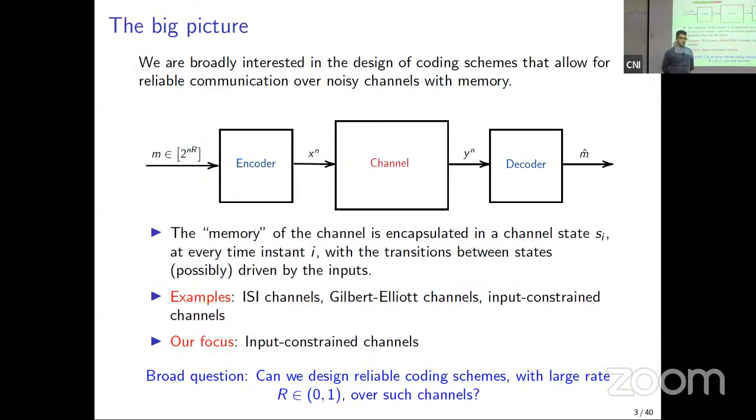Yeah, you can cast the input constraint as a channel with memory. If you have an input constraint acting before, say, a memoryless channel, then you can put a box around the entire encoder plus channel and define a channel with finite states. So all of this is going to lie within the class of finite state channels.